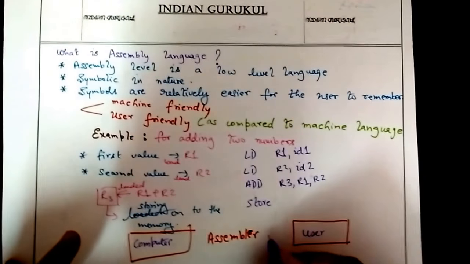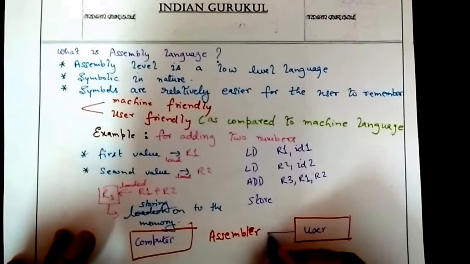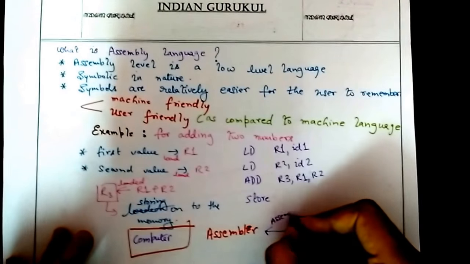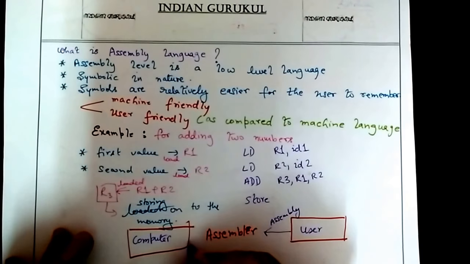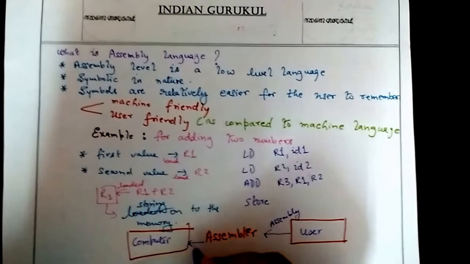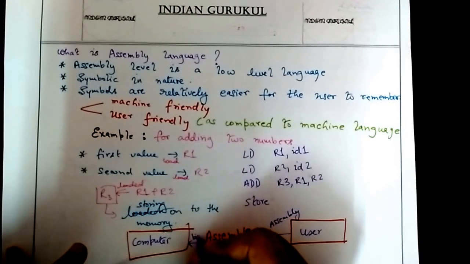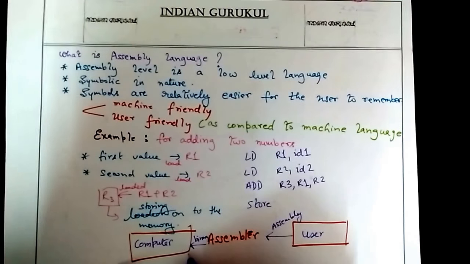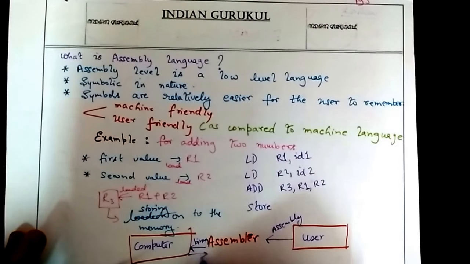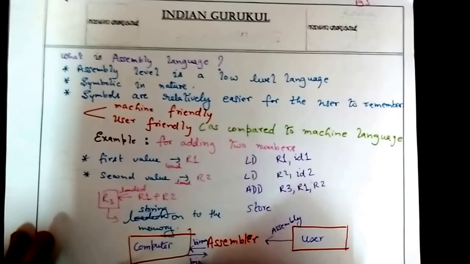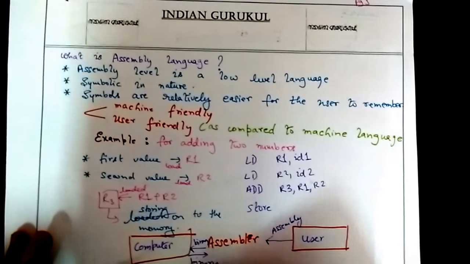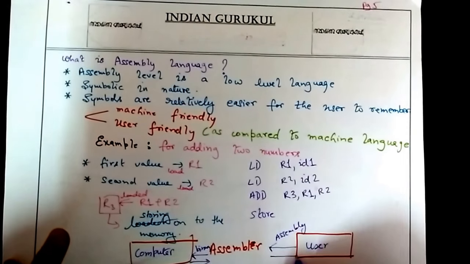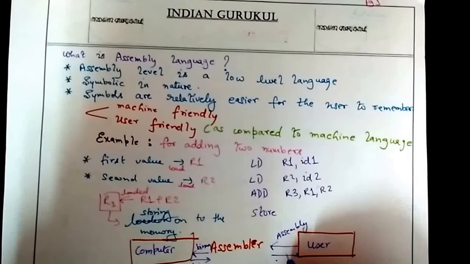So now the user will provide instructions in assembly language. The assembler will translate this into binary. And now the computer will again provide instructions in the form of binary, and this assembler will again translate these binary instructions into assembly language.